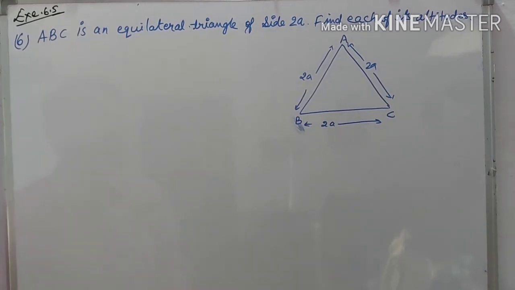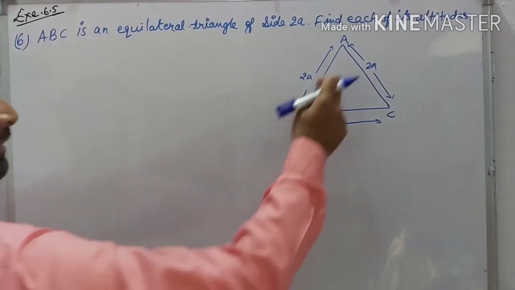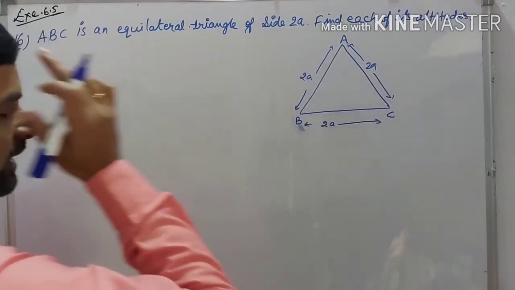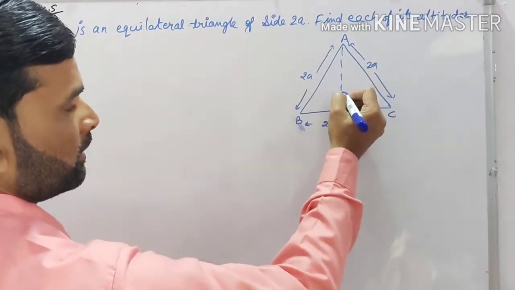In an equilateral triangle all altitudes, the first, second and third, are equal. So you have to draw one altitude.